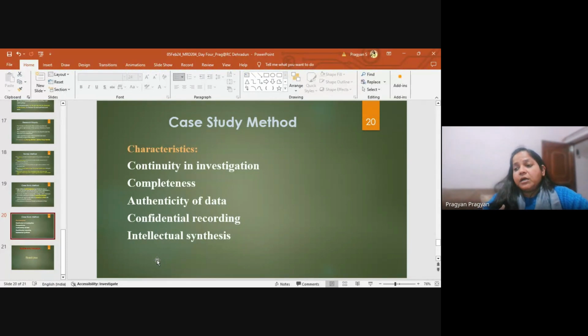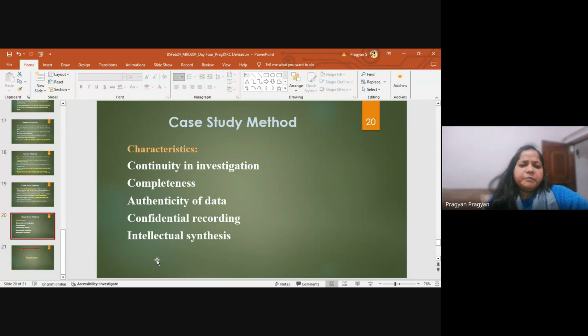Number three, are they treating you equally? There can be lots of things, but all those dimensions are going to be treated in that one single unit of investigation, so that you can capture one phenomenon in its completeness and authenticity of data.